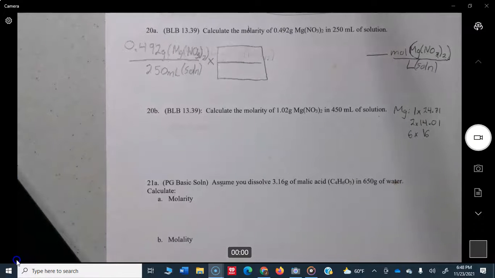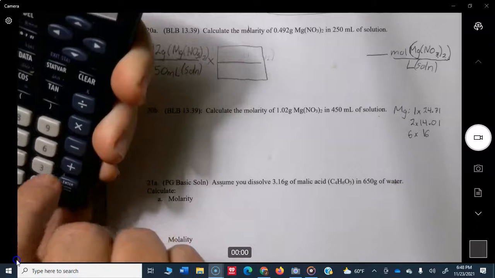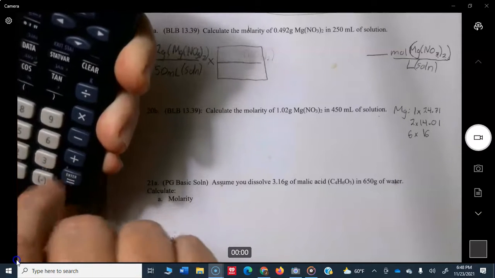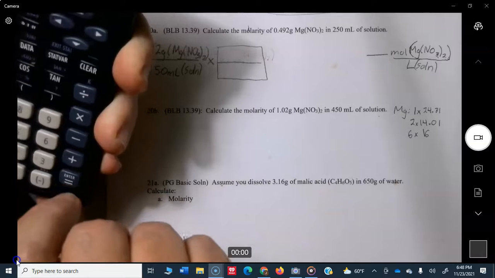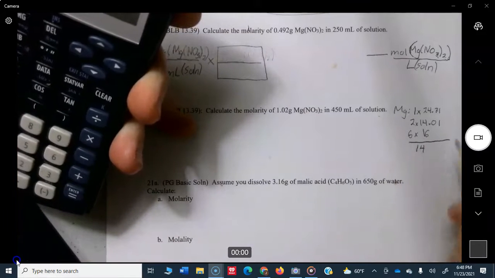So that is going to be 24.31 plus 28.02 plus 6 times 16 is 96, and that gives us 148.33 grams per mole for magnesium nitrate.